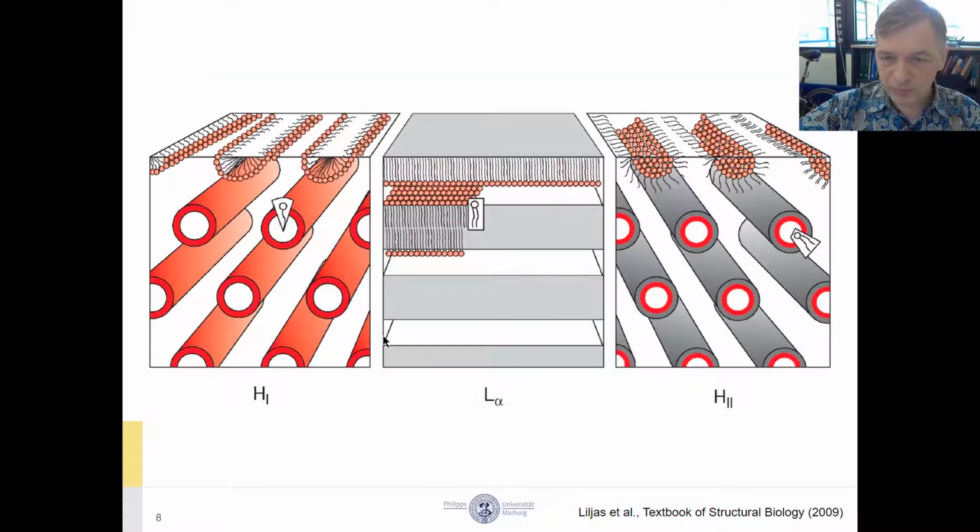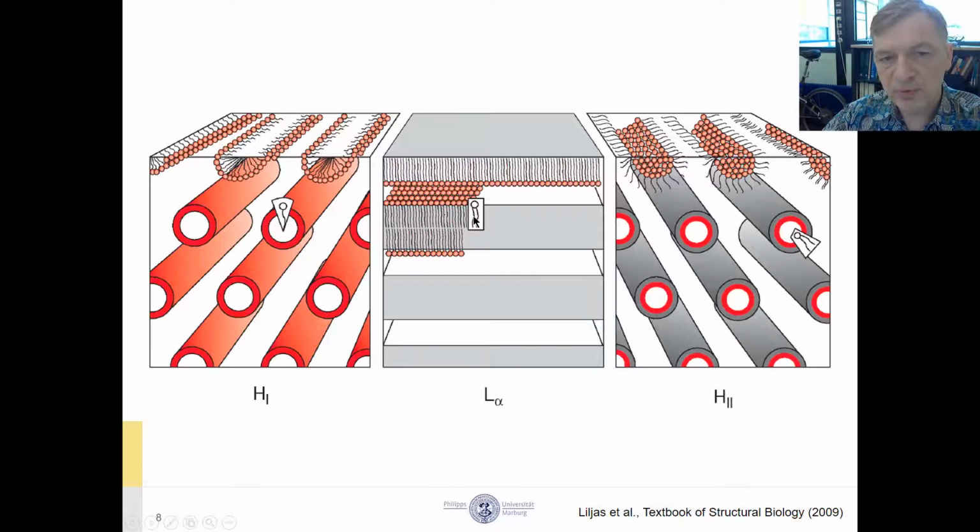So here, just to remind you, something about the lipids or detergents and what they can form. Most lipids we are talking about belong to this class, which forms the lamellar phases, here this L-alpha phase. In that case, the diameter of the head group is almost the same as the diameter of the hydrophobic appendix that we have here.